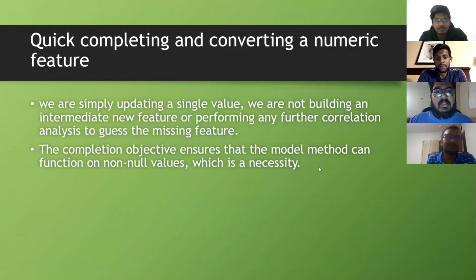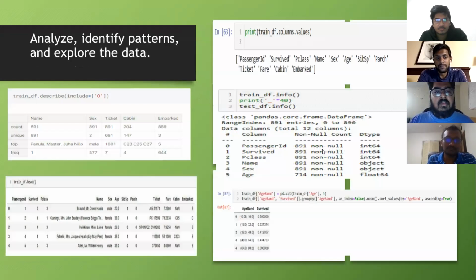Coming to the next slide, we have analyze, identify patterns, and explore the data, which we divided into three types: analyze by the nature of data, analyze by visualized data, and analyze by pivot data in the next slide. Analyzing by the nature of data, it has many features.